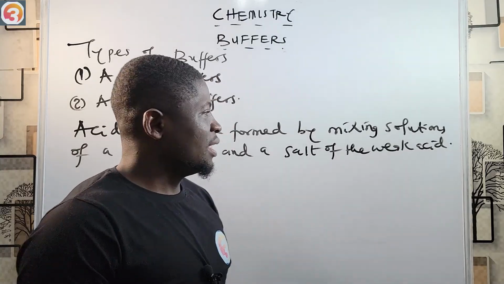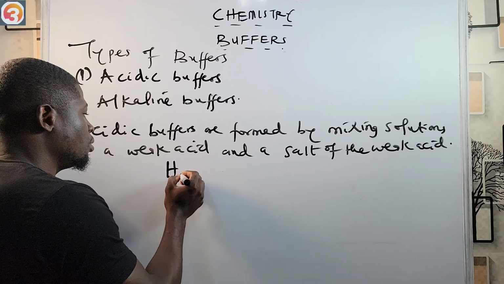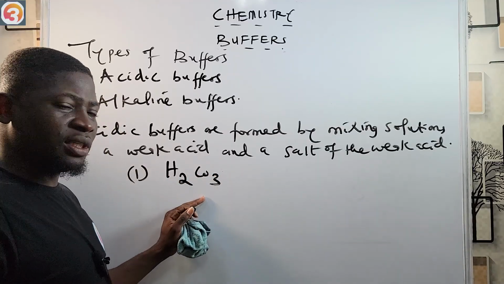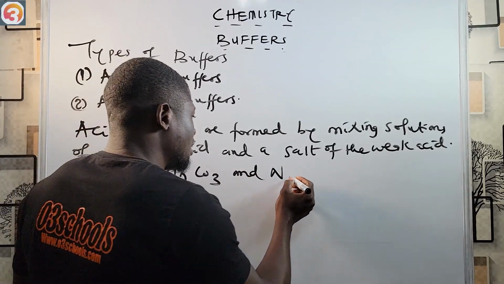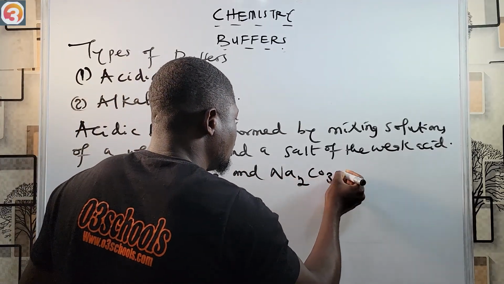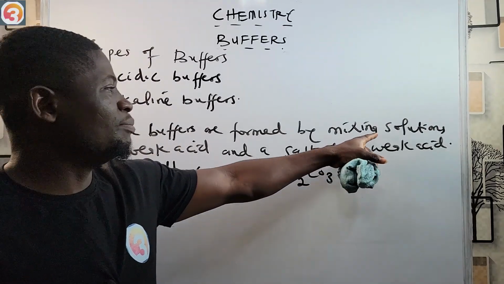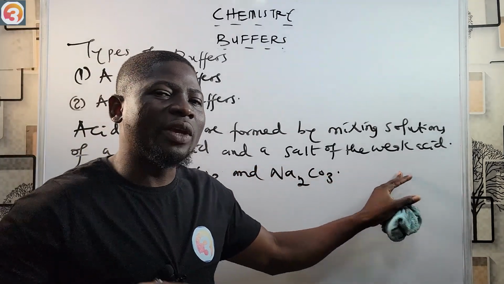All right. So let's see some common examples. A weak acid like H2CO3, and a salt of this weak acid, Na2CO3. So acidic buffers are formed like this, by mixing solutions of a weak acid and a salt of the weak acid.